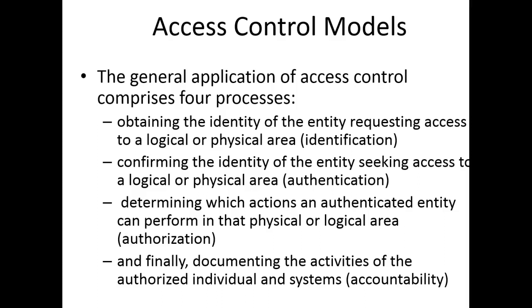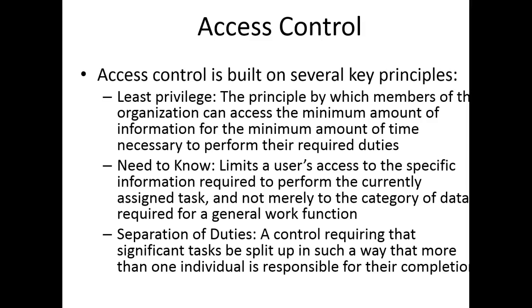The third one is determining which actions an authenticated entity can perform in the physical or logical area, which is called authorization. And the last one, documenting the activities of authorized individuals and systems, is accountability. So these are the 4 processes in access control: identification, authentication, authorization, and accountability.